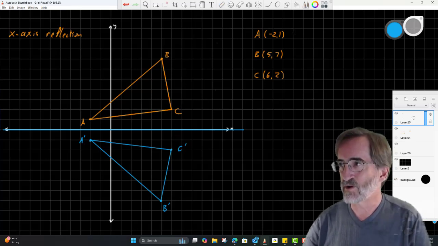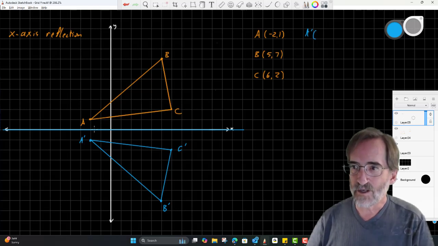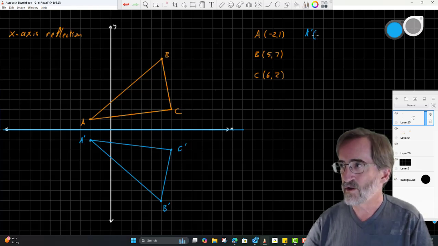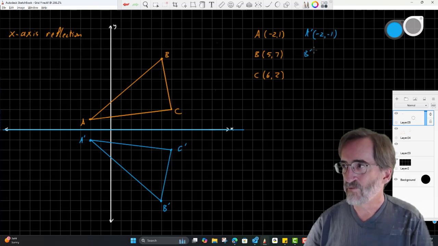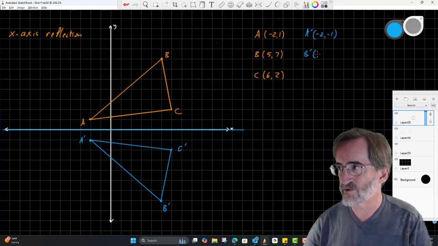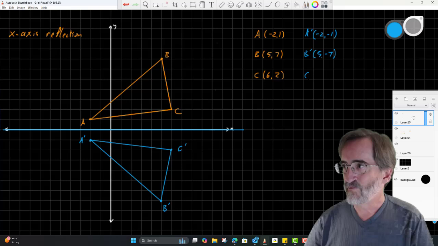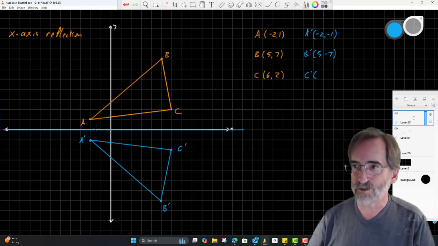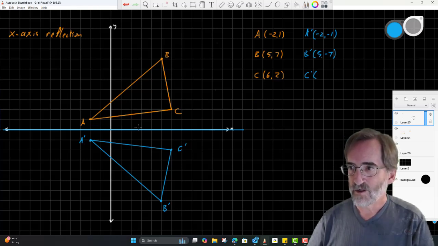A became A prime, which is at -2, -1. B prime, which was at 5, 7, is now at 5, -7. C prime, which was at 6, 2, is now at 6, -2.